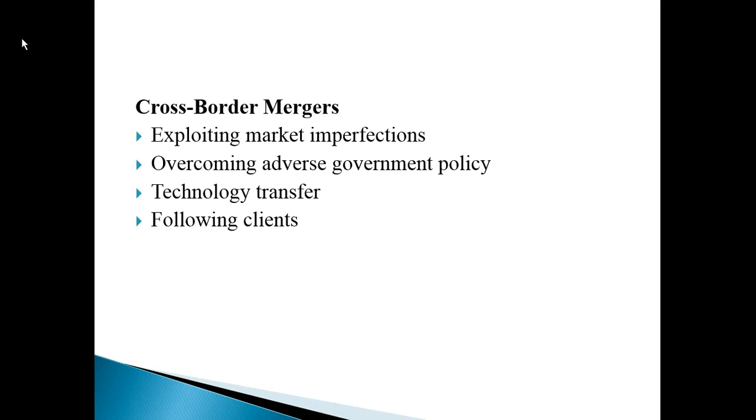And then cross-border mergers. The motives could be maybe to follow clients, maybe technology transfer, maybe to benefit from technology in other countries which are not yet available in the country in which they are doing their operations.